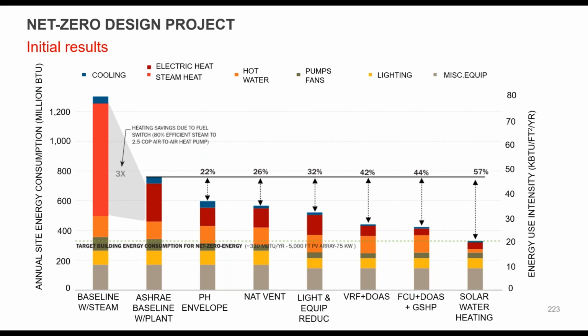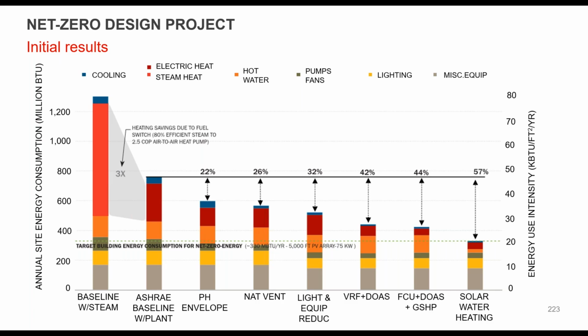There was envelope, natural ventilation, light and equipment reductions, VRF and dedicated outside air, fan coil units, dedicated outside air, and a ground source heat pump, and solar water heating. Now you see all of those individually have options, and together, as you see on the right, we are getting to the target.